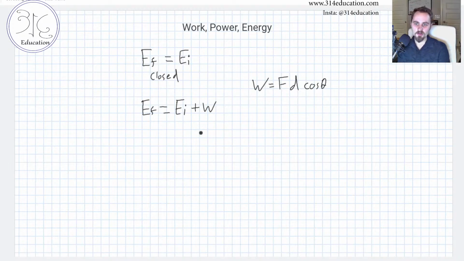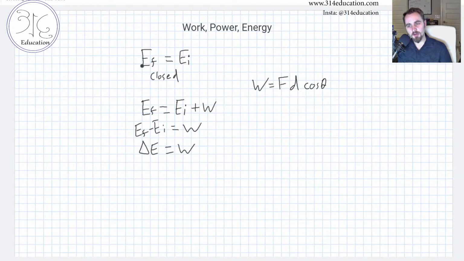And so a way we can think about this equation is that the final amount of energy in our system is just going to be the energy that we started with plus the energy that we put in with an outside force. We can also define work on its own by subtracting EI from both sides, giving us EF minus EI is equal to work, and that's going to be delta E, the change in energy.